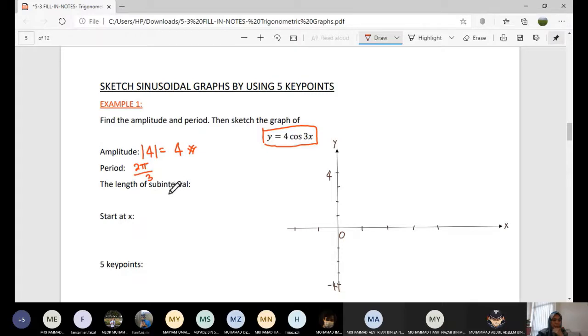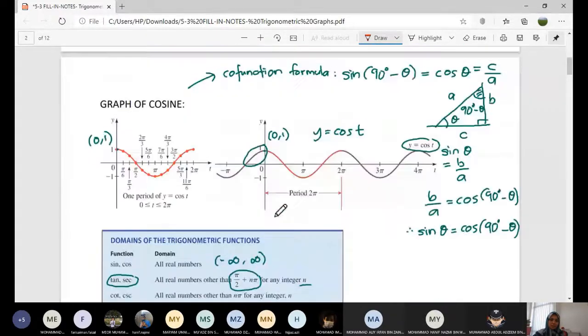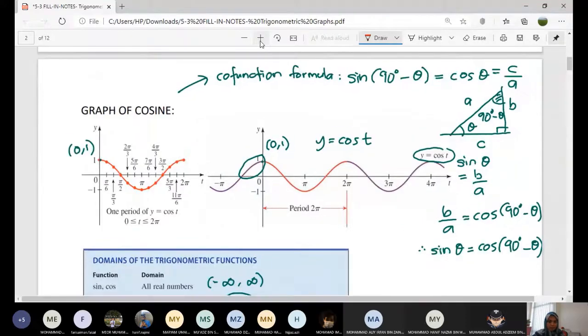Then for the length of the subinterval, we have to look back at the original graph of cosine. For the subinterval, it is coming from this one. Look here carefully.